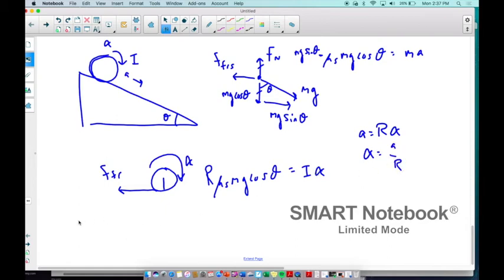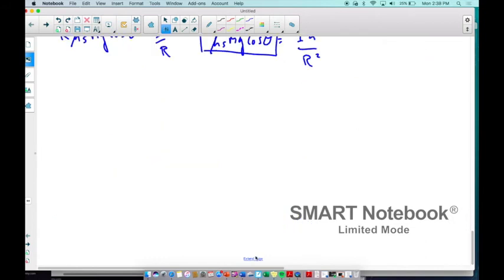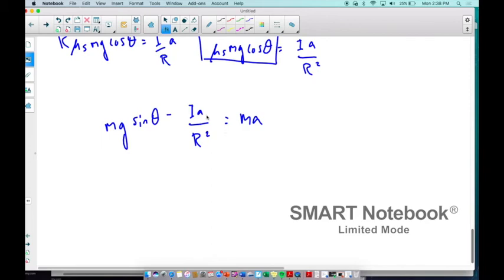Plug that in here. This is just the derivation that we did before. I can divide both sides by r. This term shows up right up here. So now I can combine my two equations and get mg sine theta minus this, just like that. And now rearrange and start solving for acceleration.